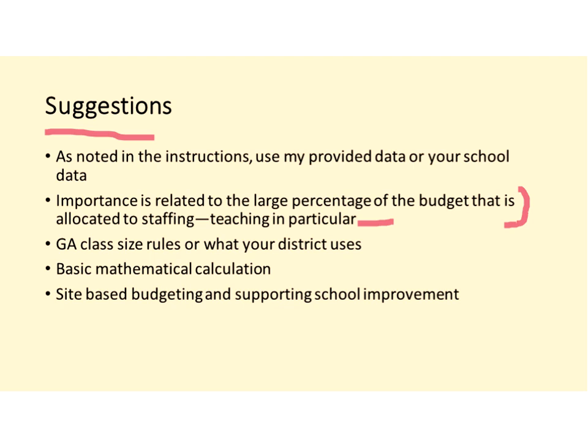This is not anything any more complicated than doing a basic mathematical calculation. Your district, if you're in Georgia, is either using the Georgia class size rules, which I think we're mostly aware that we've not been following those the last several years because Georgia has been in a budget crisis, so the state has continued to waive those.